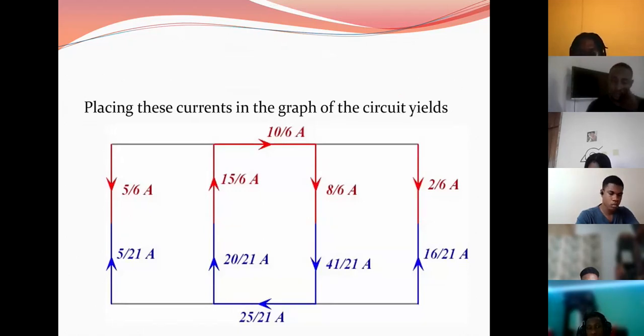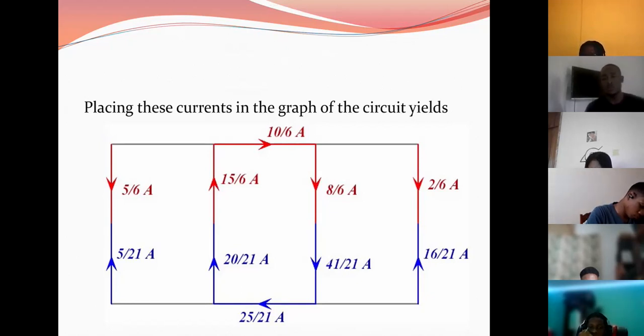And what I have done, those currents that were as a result of the 25-volt source, I put them in blue. And those that were as a result of the 35, I have them in red. So we're just going to insert these various currents in the various branches based on the calculations that we had completed.